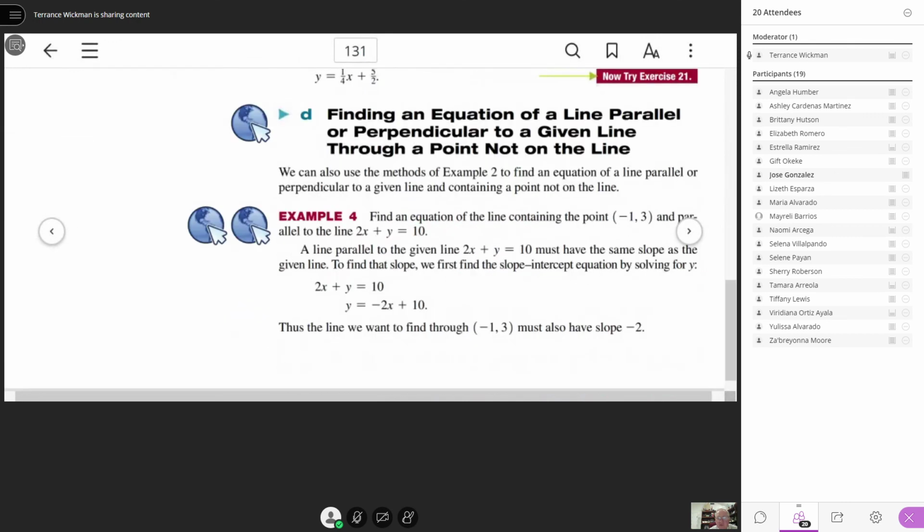Now find the equation of the line containing the point (-1, 3) and parallel to this one. Let's take a look at this.